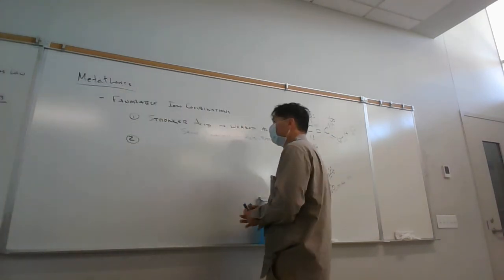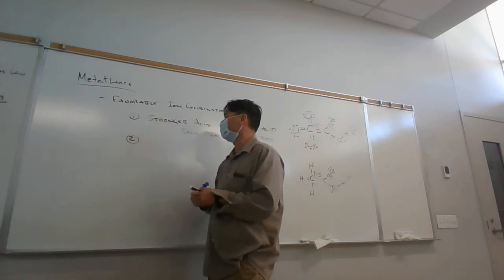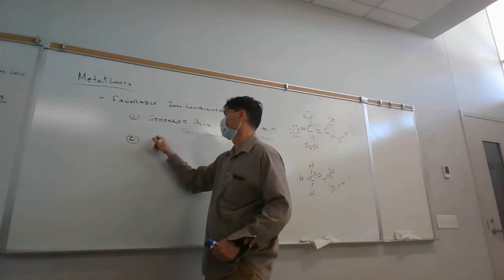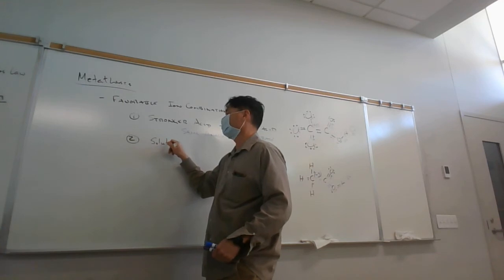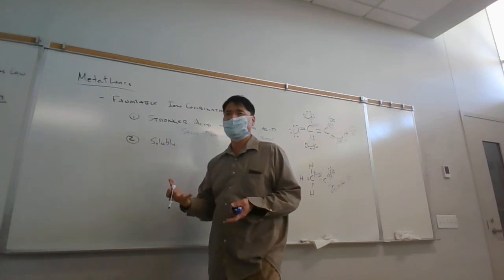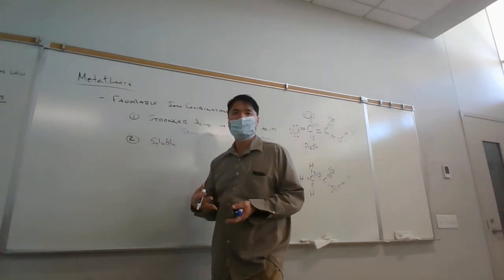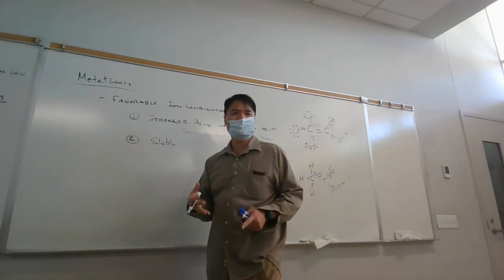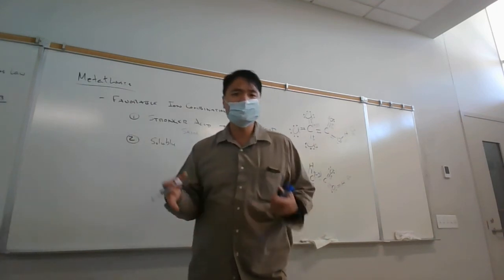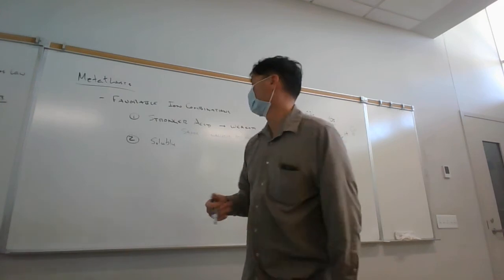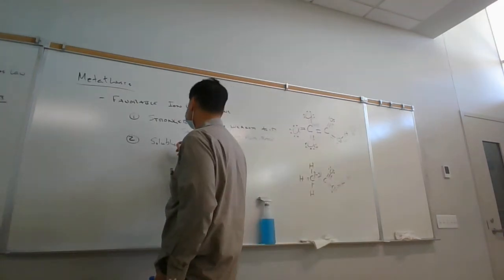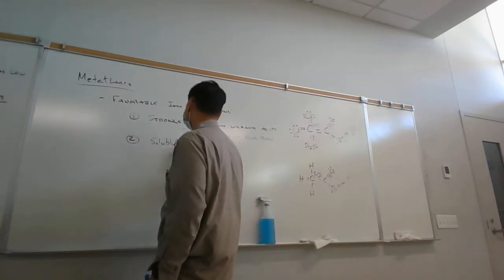So what will give us an idea of a favorable ion combination are the solubility rules. If it's soluble, it's weakly attracted. If it's insoluble, it's strongly attracted. If it's insoluble, it's going to precipitate. And so let's take a look at the solubility rules next.